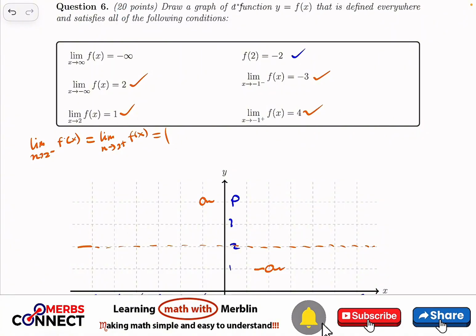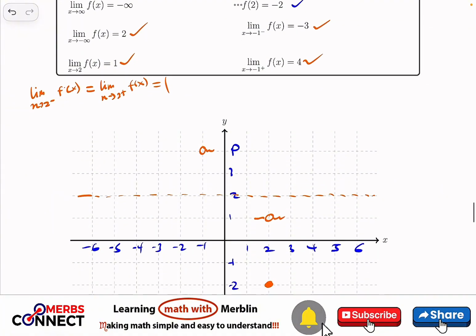But now the last one here says that when x is approaching infinity, then this must go to negative infinity. So we need to look for the x values before we can know where we can sketch this graph. The x values are x equal to minus 1 and x equal to 2.